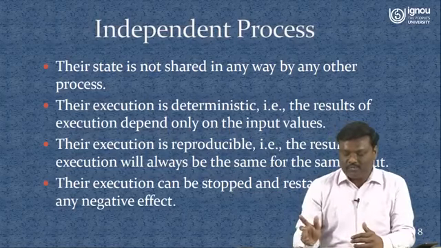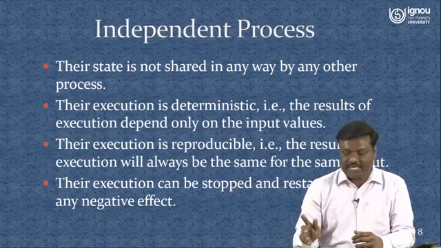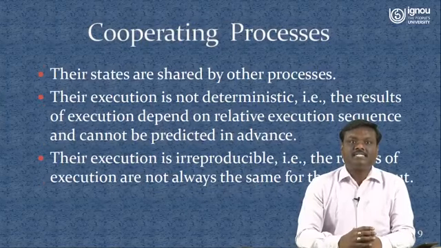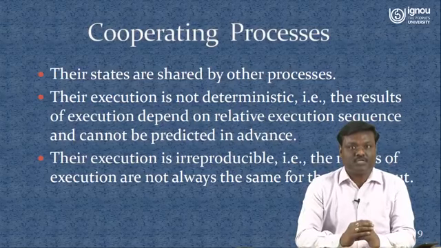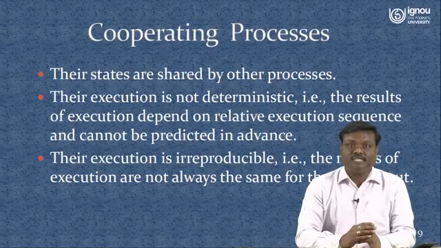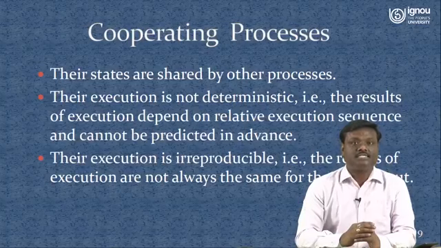When you come to the cooperating processes, it is quite a contrast. Their states are shared by other processes, and depending upon the process start, sometimes if the synchronization is missed, the results may vary. Their execution is irreproducible. The results of execution are not always the same. Sometimes if the synchronization goes wrong, the results may vary.